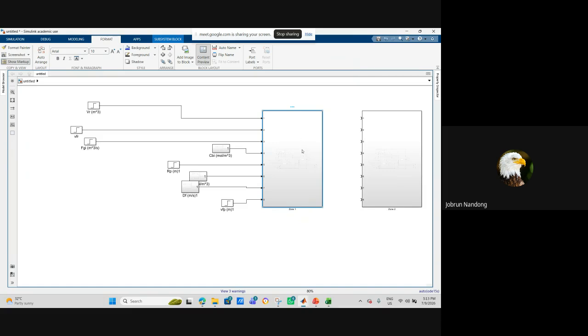The FGO has to be sent out, and that becomes the input here, the input for the second zone. And then RP here is a constant. This one is, for example, an input to zone number one, so it cannot be sent to zone number two. Zone number two should receive CB1.